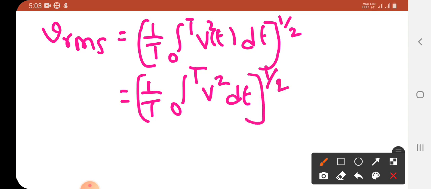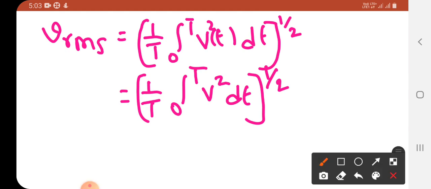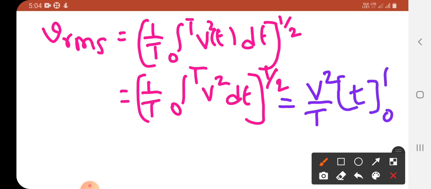The value of V is constant, so it is V square by T, with integration of dt being T at limits 0 to T, whole power half.